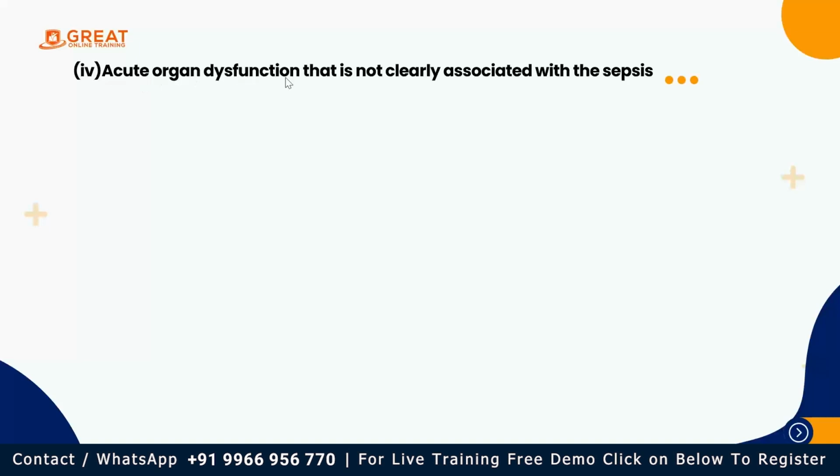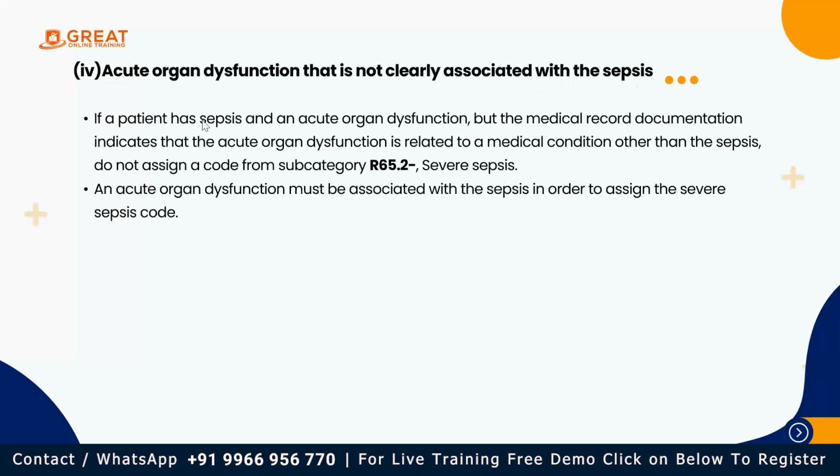Acute organ dysfunction that is not clearly associated with the sepsis. If a patient has sepsis and an acute organ dysfunction, but medical documentation indicates that the acute organ dysfunction is related to a medical condition other than the sepsis, do not assign a code from subcategory R65.2, which is for severe sepsis.